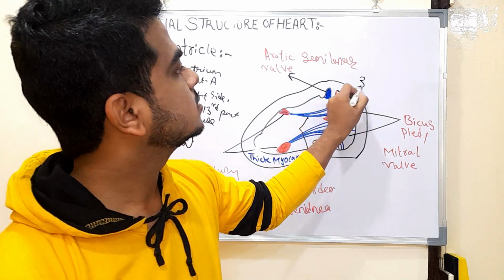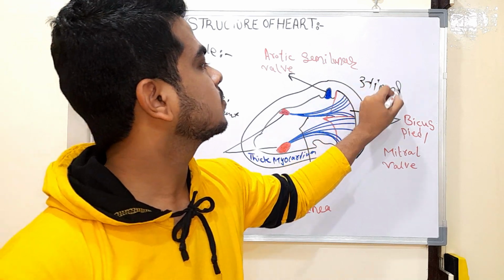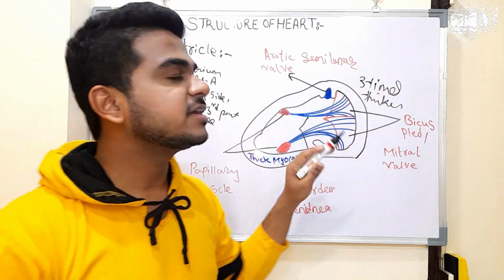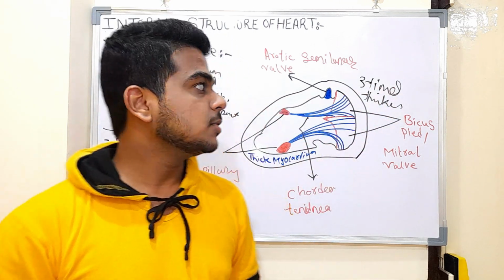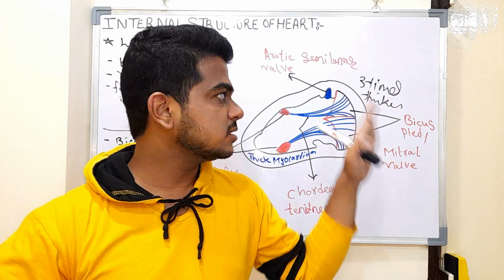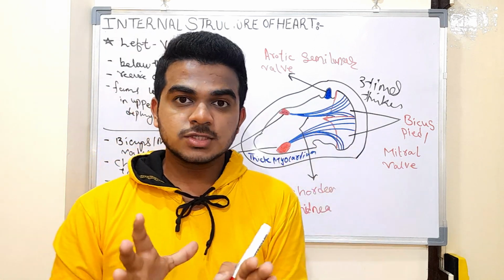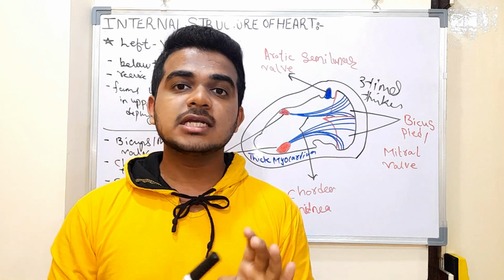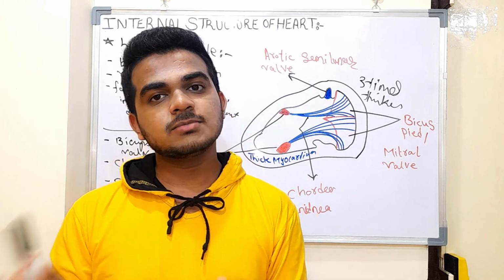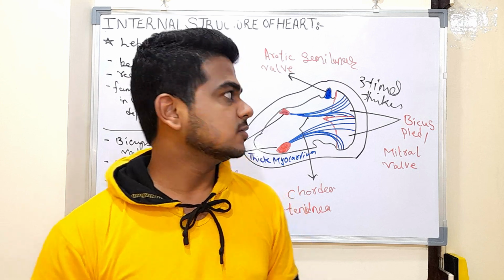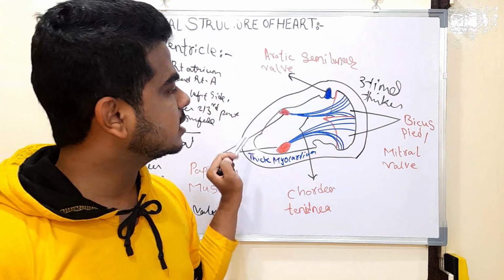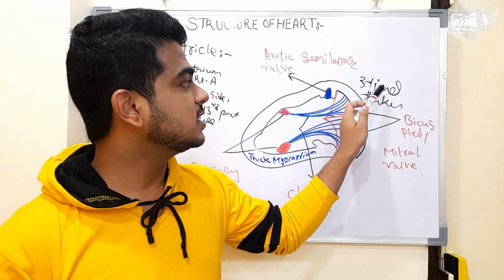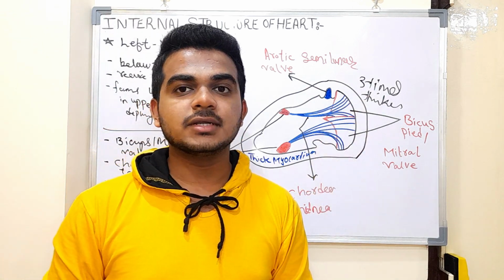Because it is the only chamber which forcefully pumps blood to the total body. That's why it is 3 times thicker than the right ventricle. So here is a thick myocardium, which I have already written here. That's why it is 3 times thicker than the right ventricle.